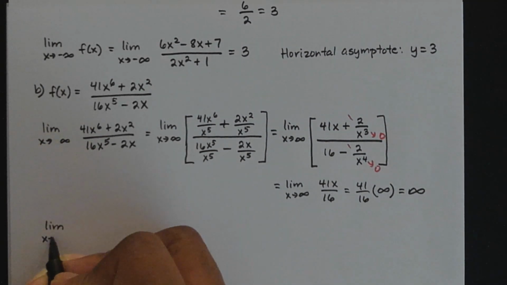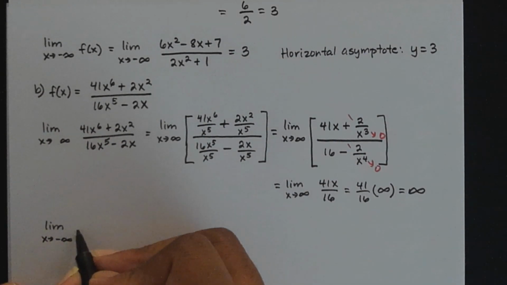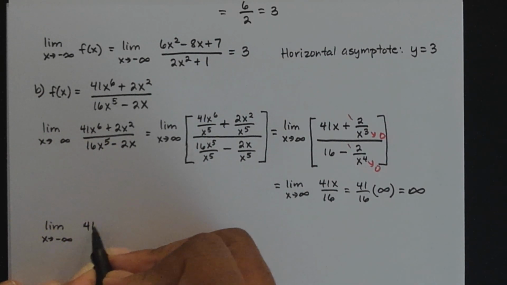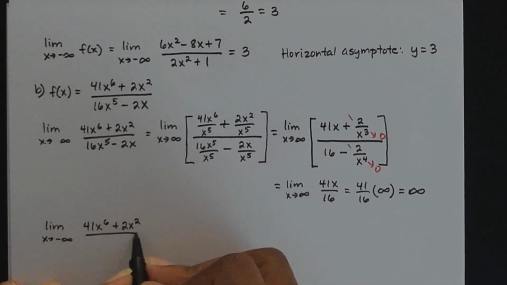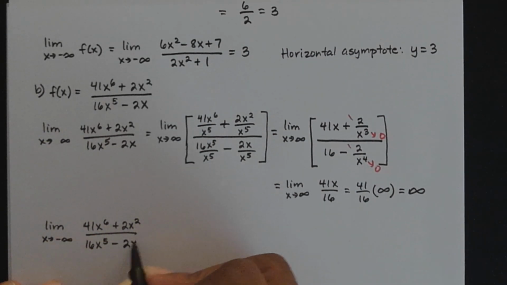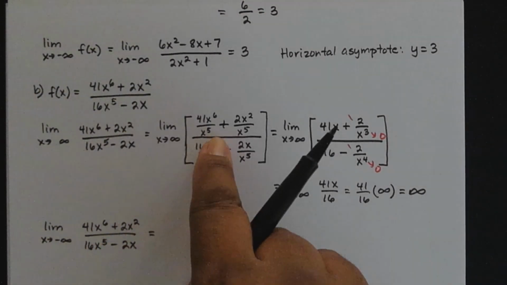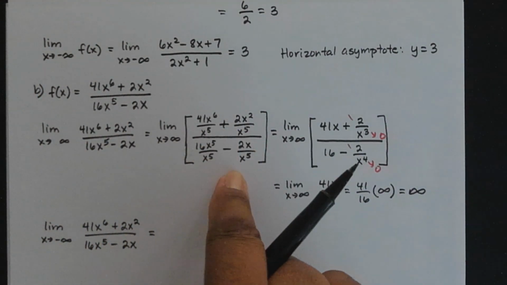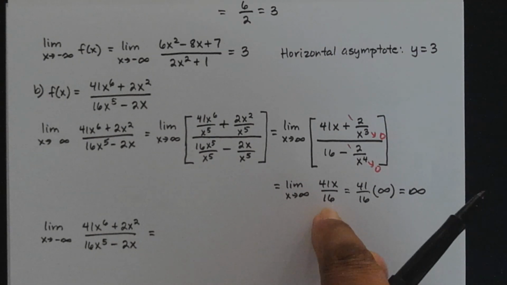Now, let's take the limit as x approaches negative infinity of 41x to the 6th plus 2x squared divided by 16x to the 5th minus 2x, which is what f of x is. Well, guess what? This part right here, when I divide every single term by x to the 5th, like I did up here, will end up being 41x over 16.